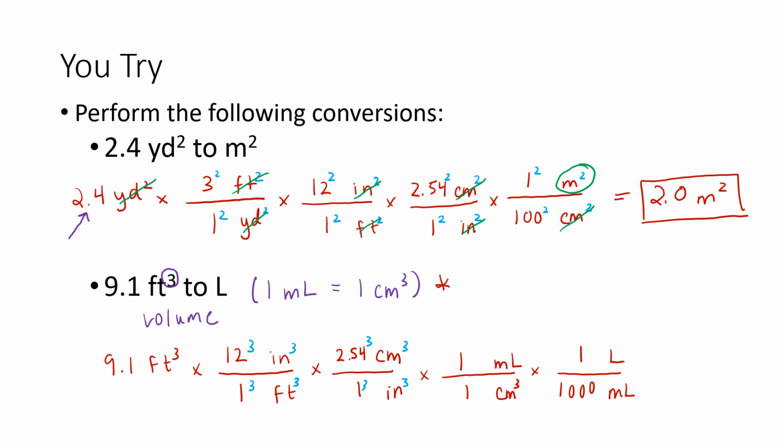If we check to see everything canceling, cubic feet cancel, inches cubed cancel, centimeters cubed cancel, milliliters cancel, and liters is what we're left with. And our final answer with two significant figures should be 260 liters.